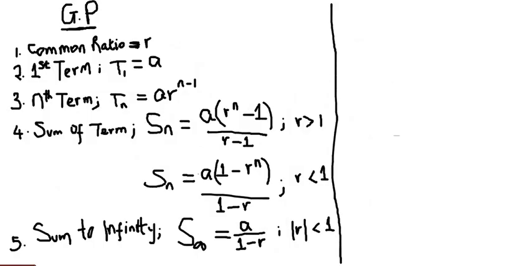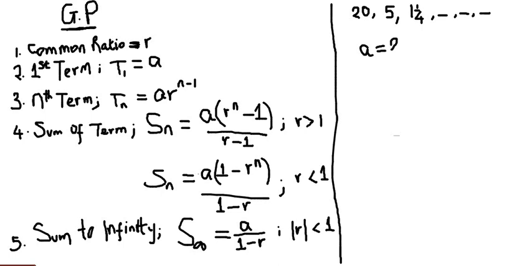Alright, so our GP has the first number, which is 20, the second number is 5, the third number is 1 1/4, and the list goes on. The sequence continues after 1 1/4, it doesn't end there. So from this list, we know the first term, designated A, is 20.